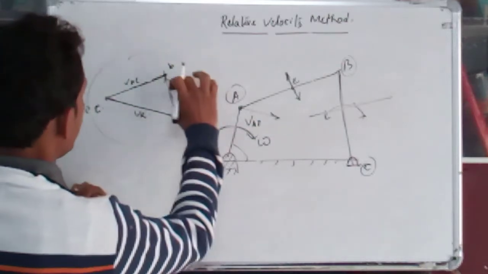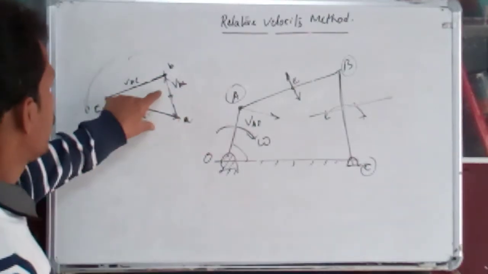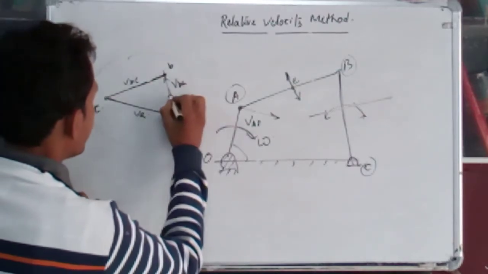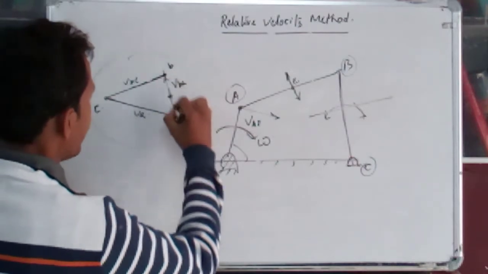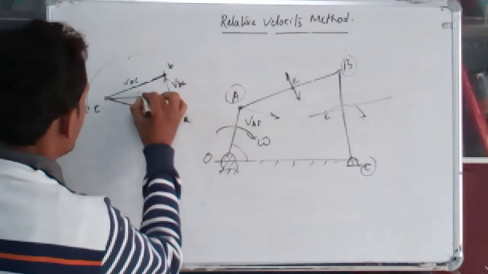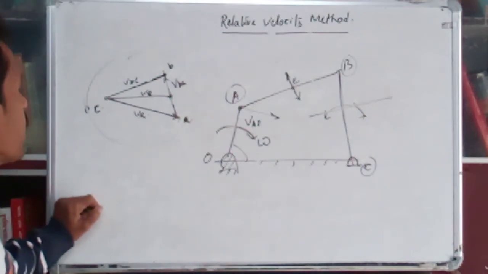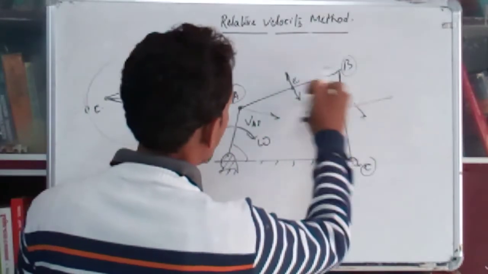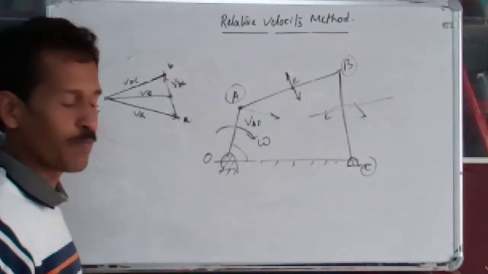Suppose you need to find out the velocity at point E, the midpoint of A to B. Because the length of this link is known, we can find out the velocity. So that will be VE. In that way you can find out the relative velocity, and the velocity at any point of this link, by using this relative velocity method.